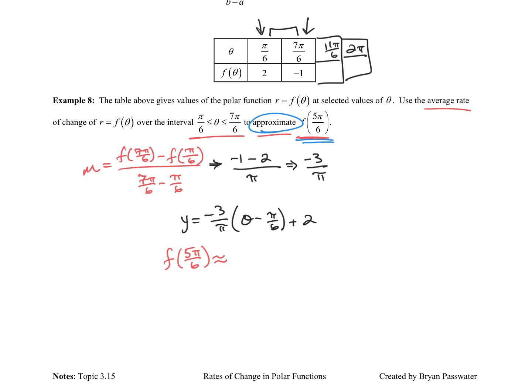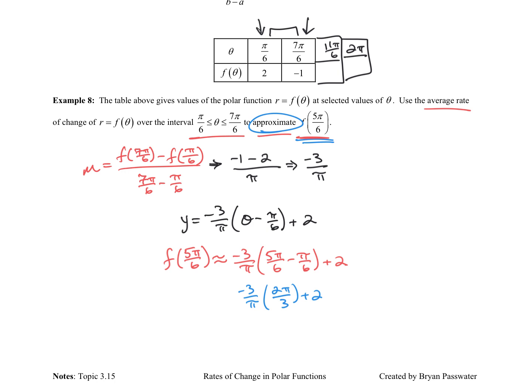5 pi over 6. And so now we have negative 3 over pi, and then we have 5 pi over 6 minus pi over 6, plus 2. So what is 5 pi over 6 minus pi over 6? 4 pi over 6. What does 4 pi over 6 simplify to? 2 pi over 3. And so now we'd have this as 2 pi over 3, and then still plus 2.